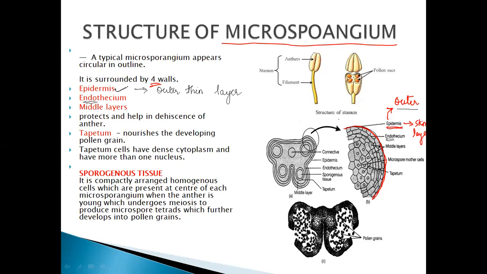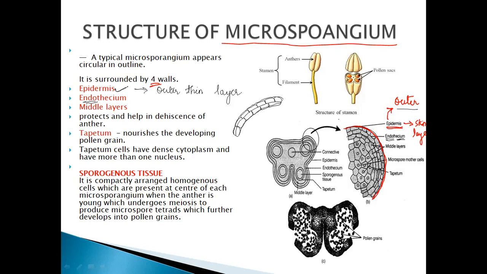The outer layer is the epidermal layer, and below it is the endothelium layer, with cells arranged like this. Endo means inside. Thelium means layer.